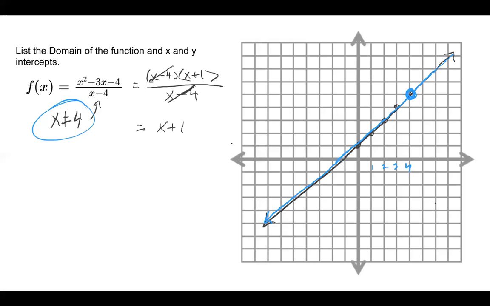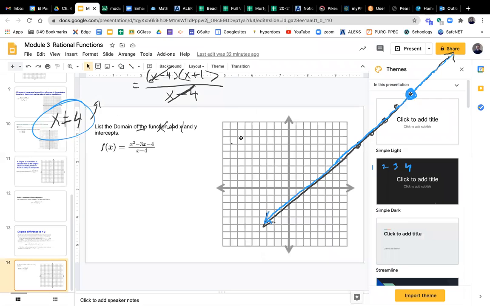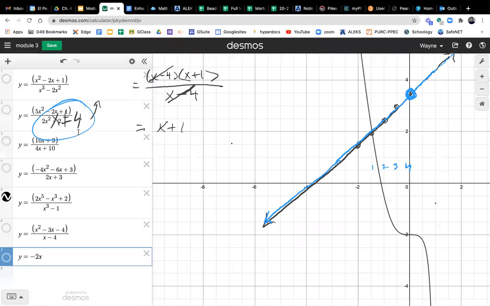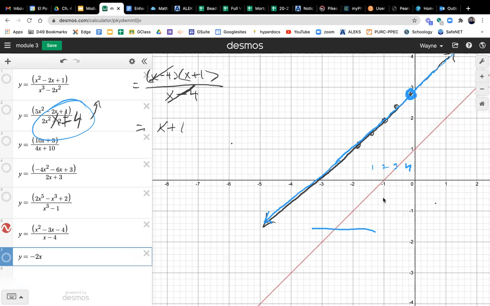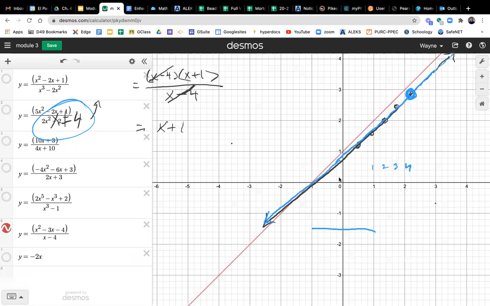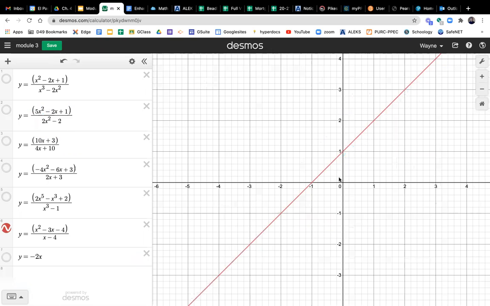And if I go to Desmos, this is the cool thing. I enjoy this. This is the one thing I like about it. If I go to Desmos or your graphing calculator and you cursor up to it, let me get this off and I'll put this one on and move this around a little bit. Okay, so that's the graph.